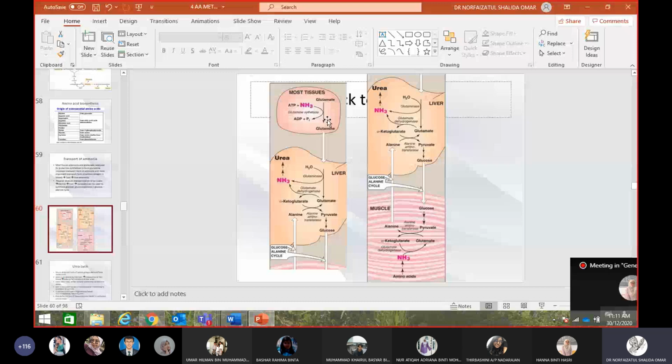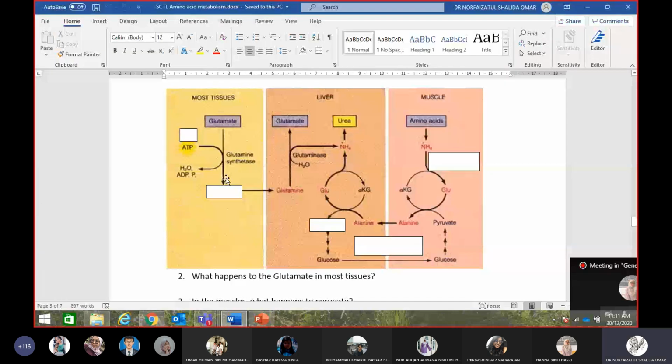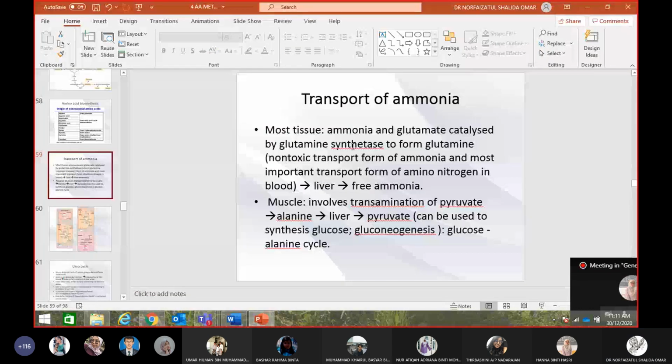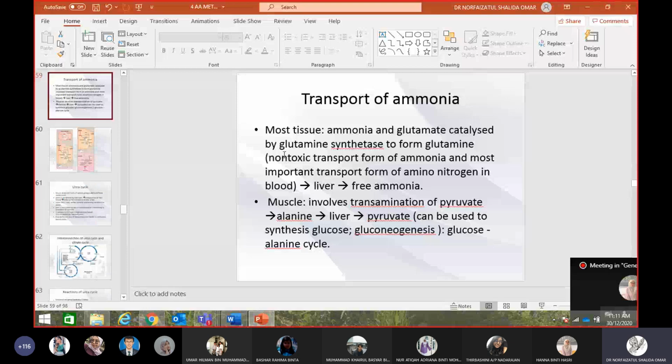All the glutamate will be converted to glutamine because it is a non-toxic transport form of ammonia, and the most important transport form of amino nitrogen in blood.